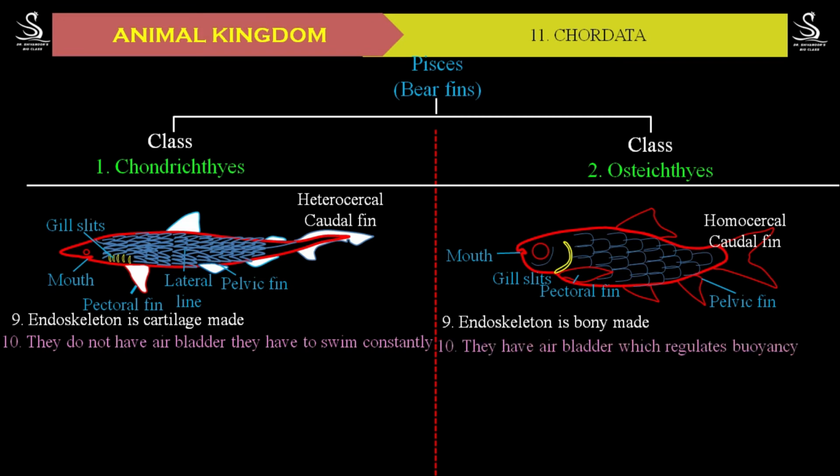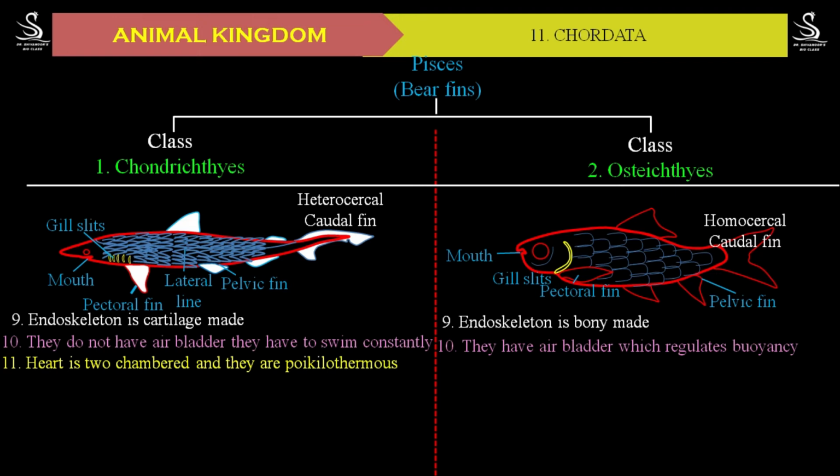But Osteichthyes species have the air bladder that will help in buoyancy. What does it mean by the buoyancy, students? It is nothing but making them to float. So that type of the character is called buoyancy, and Osteichthyes species have the air bladder which is making them to have a property of the buoyancy.